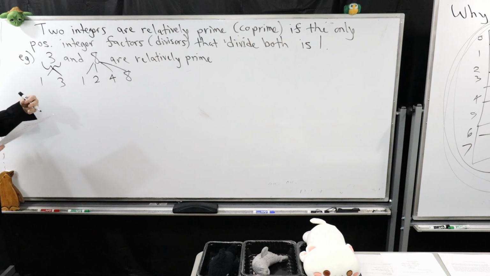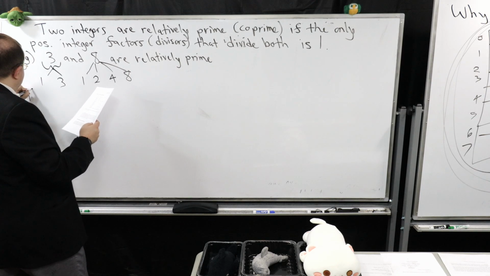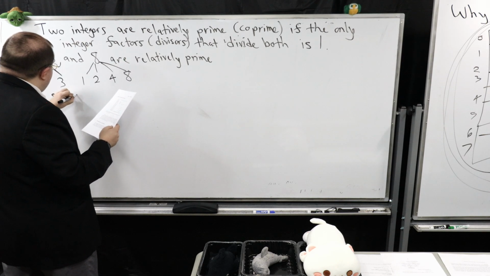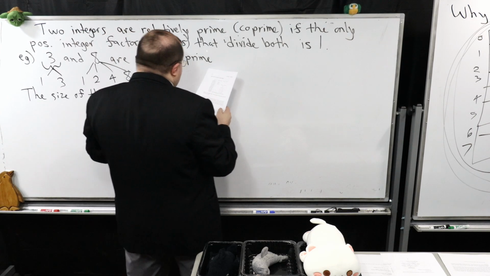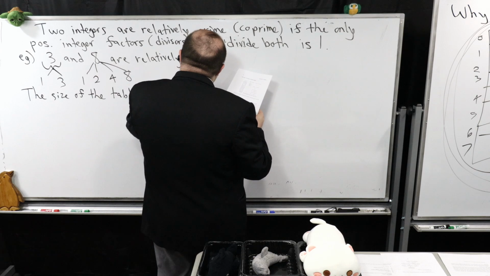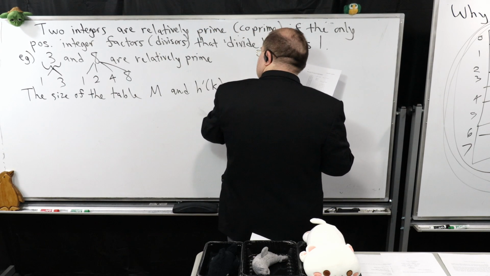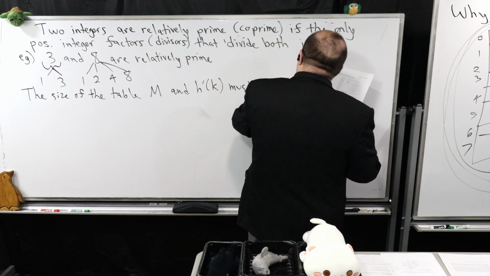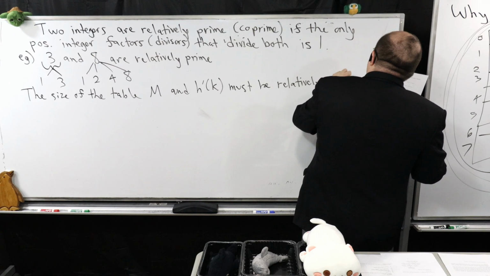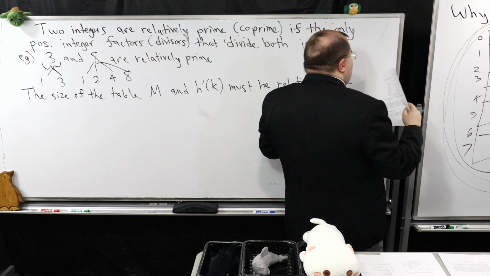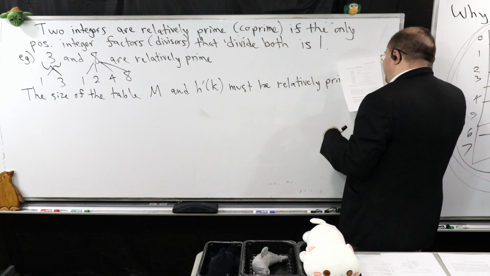I'm not going to prove this, but what we are doing here is that the size of the table, M, and h prime of k must be relatively prime. Now that's the reason why, like in this example, that's not true. But I'm not going to prove this.